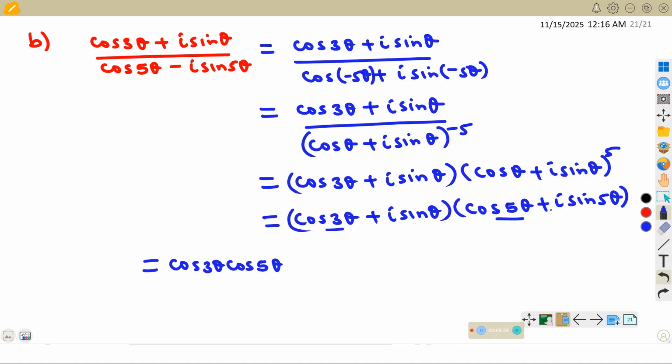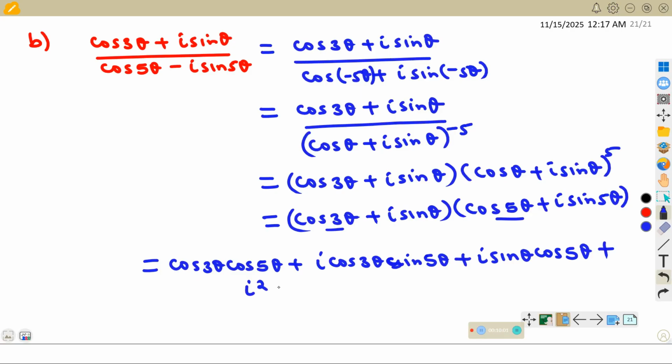We multiply this with that, it will be I cos of 3 theta, sine of 5 theta. Then we multiply this and this. This will be I sine of theta, cos of 5 theta. We shall add there this and this. That is I squared sine of theta, then sine of 5 theta.